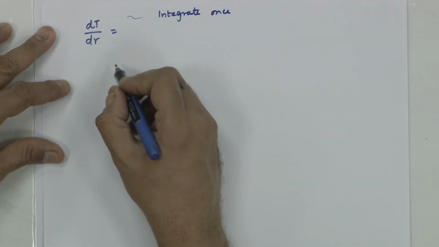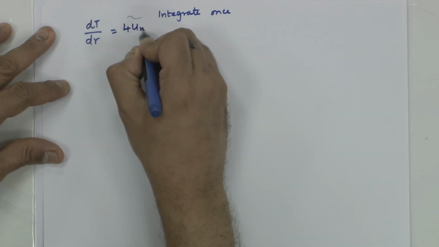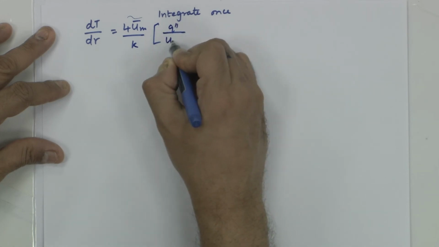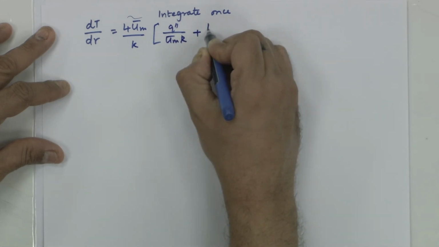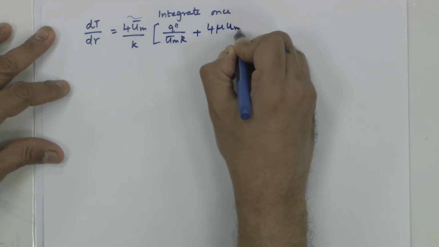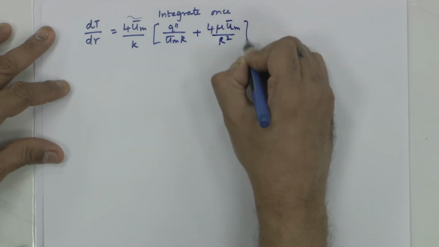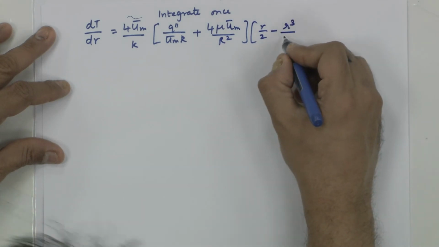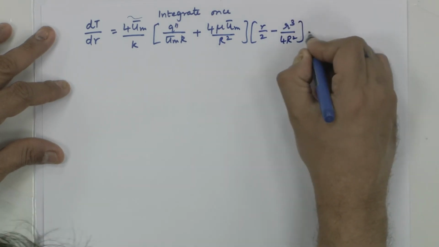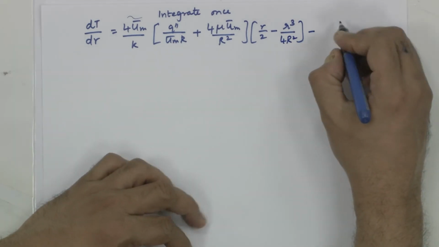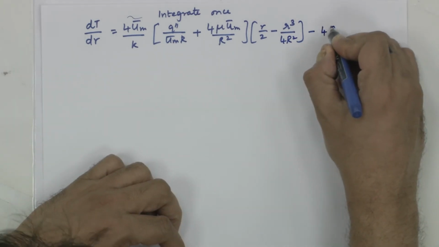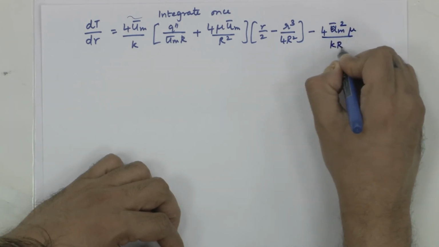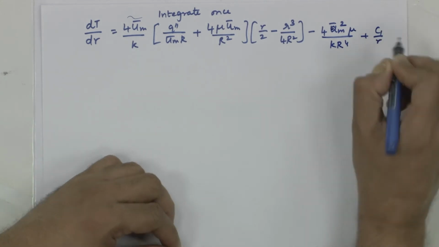So, I get dT by dr is equal to 4 u_m bar by k, q double prime by u_m bar r plus 4 mu u_m bar by capital R squared into r by 2 minus r cube by 4 capital R squared minus 4 u_m bar squared mu by k R to the power 4 plus C1 by r.